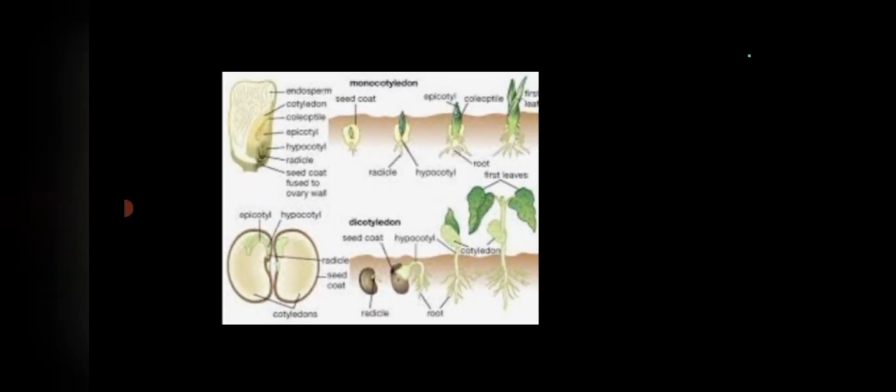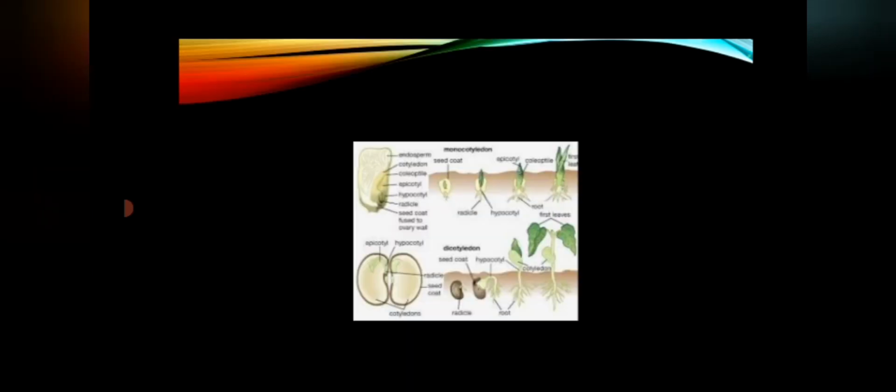But for us, till 5th grade, what I have taught you about the seed structure is enough. When you go to the higher classes, you will study all about the radicle, embryo and all. Coming to the next slide.